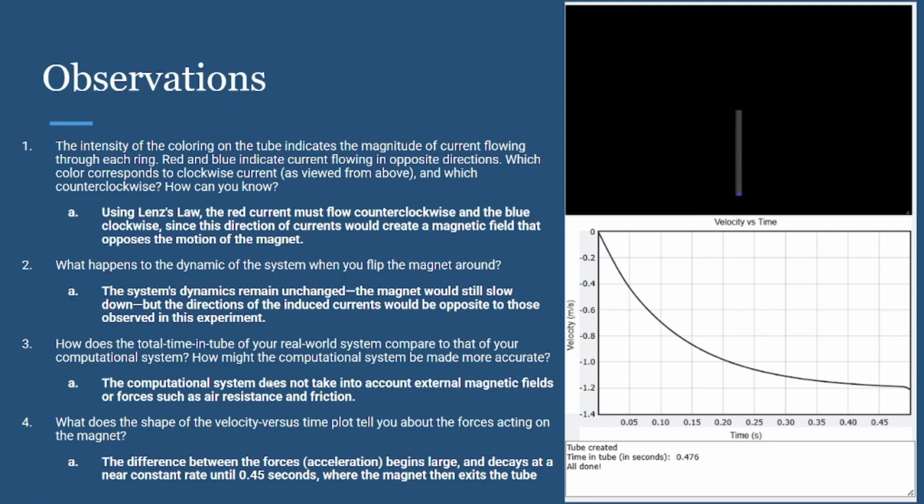The computational system does not take into account external magnetic fields, which is what causes more variations and is not as accurate. And then we see that the accelerations have an imbalance, and they slowly begin to get closer and closer to equal, which is the flattening of the curve, the change in velocity, until it exits at the very end. And we get the 1.476 seconds, as I described before.